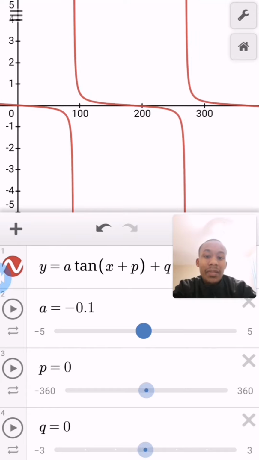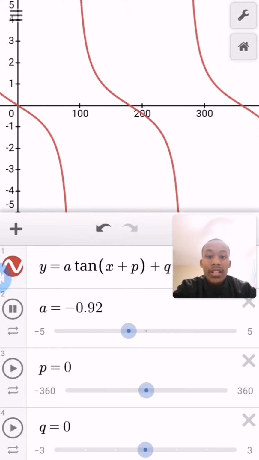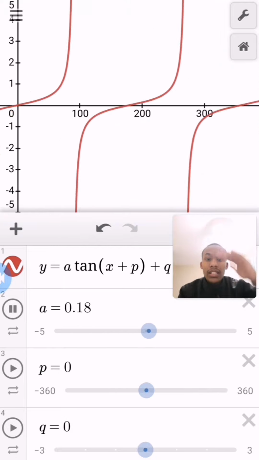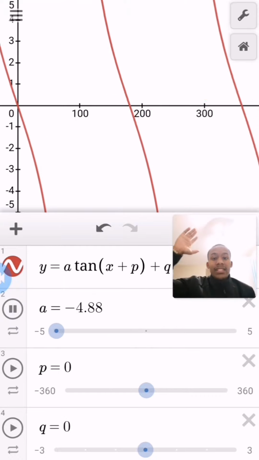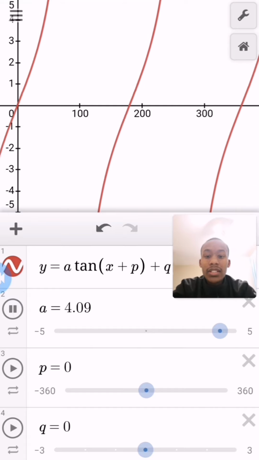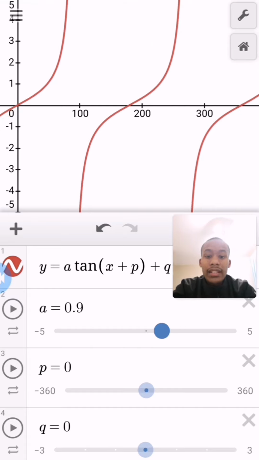Boop, there's a flip. So there's that reflection that happens again. If you watch it play slowly, see, there's the flip. It stretched out, thinning, condensing, and then gets stretched out again on the flip side. Okay, we're just going to leave a at 1, and then see what happens with p and q.